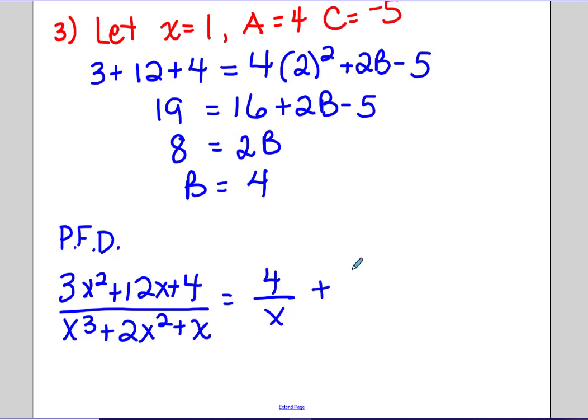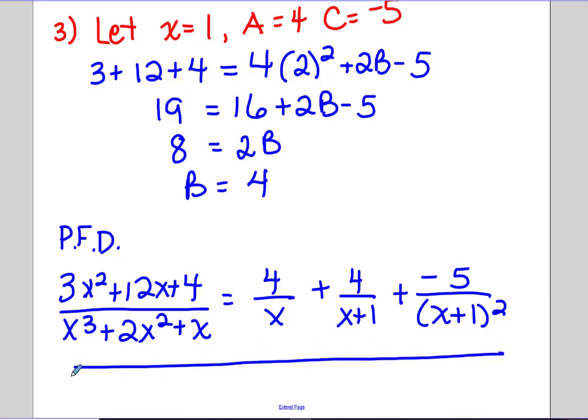B was 4, for x plus 1, and C was negative 5, so we'd have plus negative 5 over x plus 1 squared. So here's our partial fraction decomposition. Ooh, that one's a tough one.